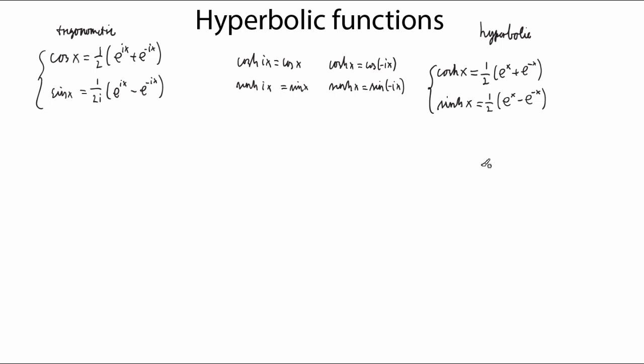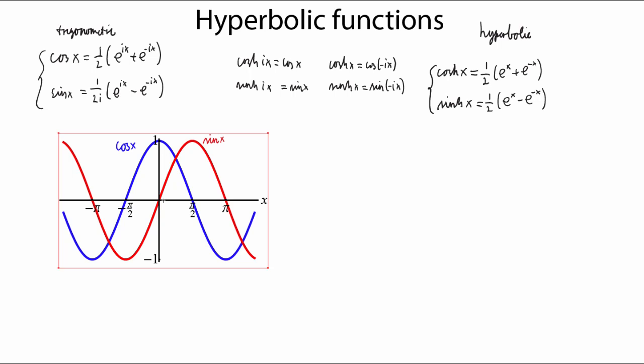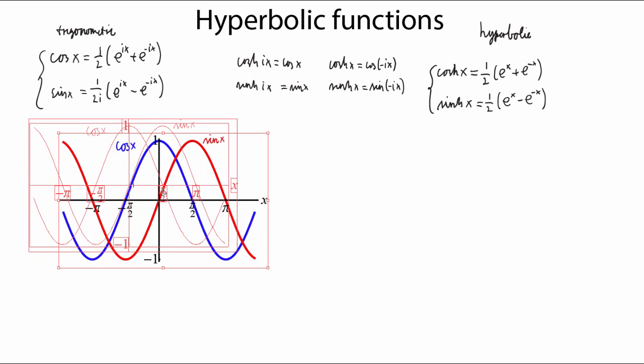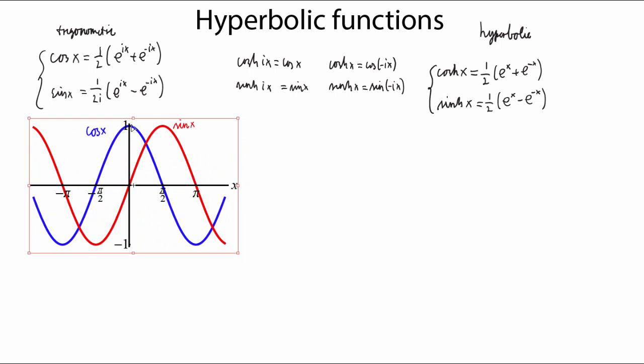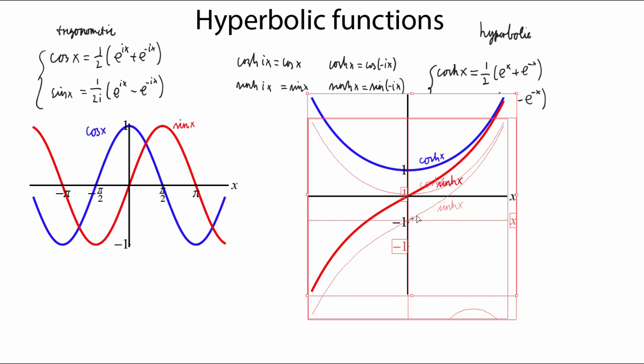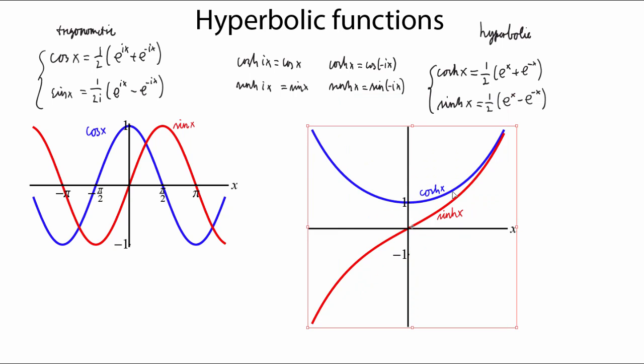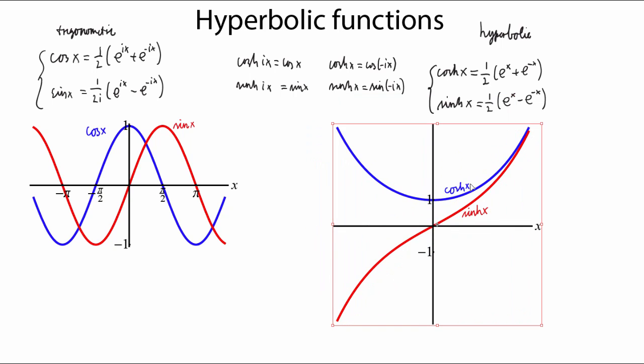So if you plot them, we know, of course, what the regular trigonometric functions look like. We have these nicely periodic functions that are maximized by the number 1, and they repeat along the x-axis like this. Hyperbolic functions are somewhat different. They look like this. So they are exponentials.